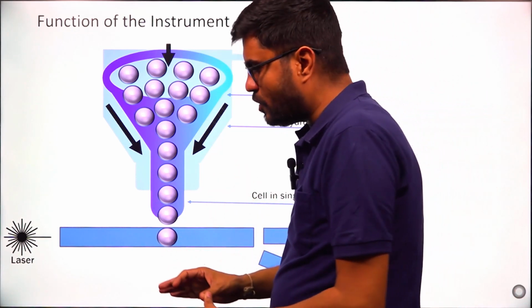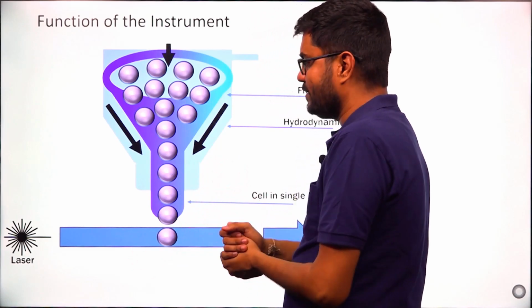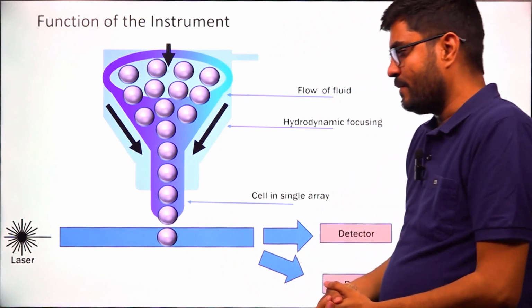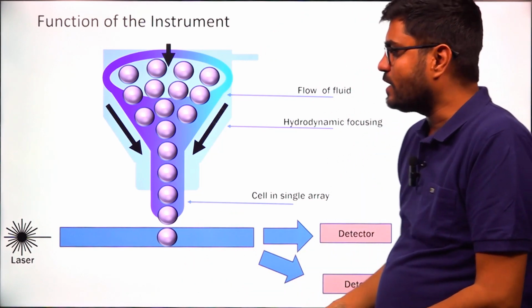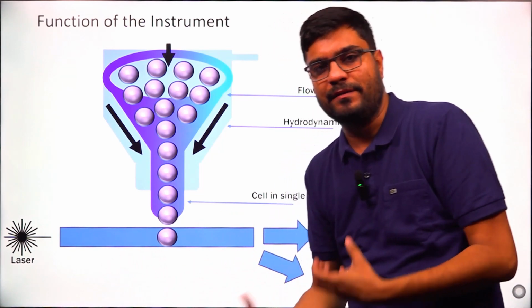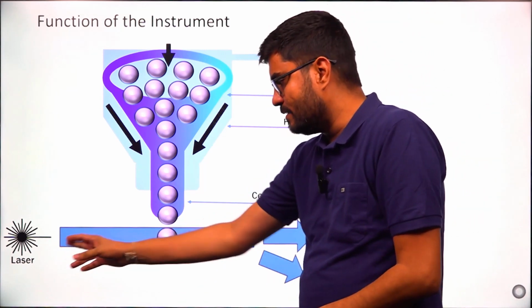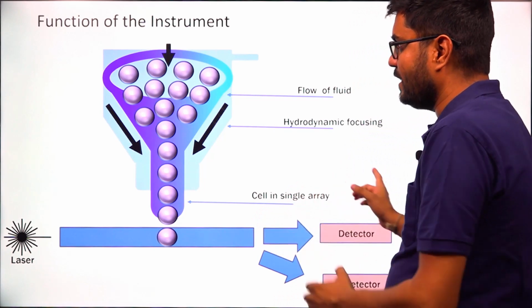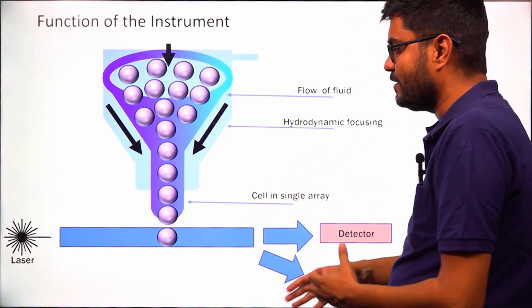So the principle is not in the working of the instrument, but mainly in understanding what kind of interactions are happening between the laser and the cell. So let's understand the interaction of light with the cell.